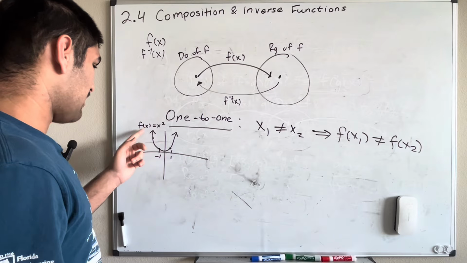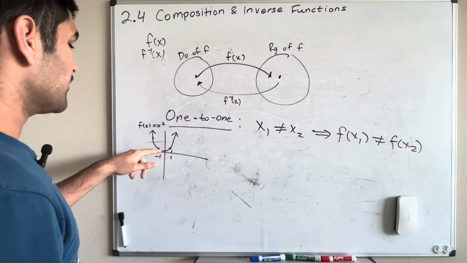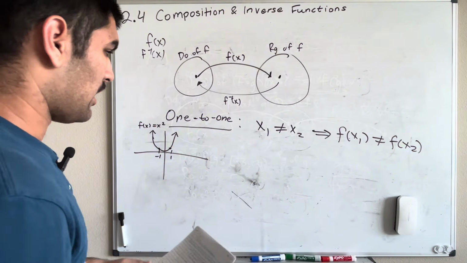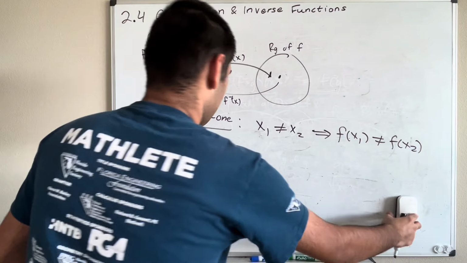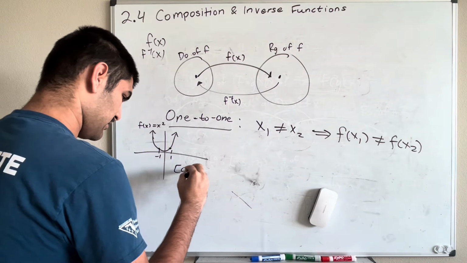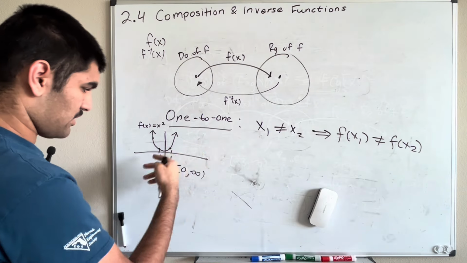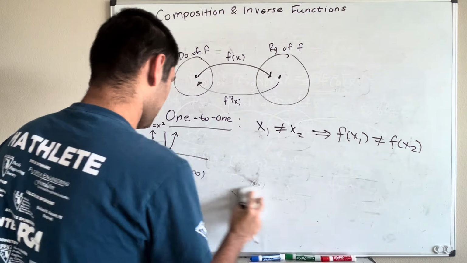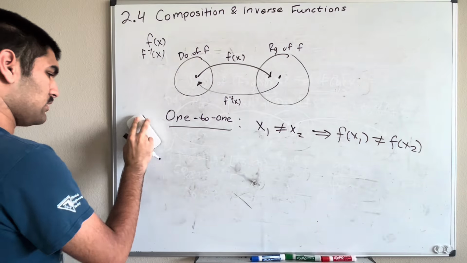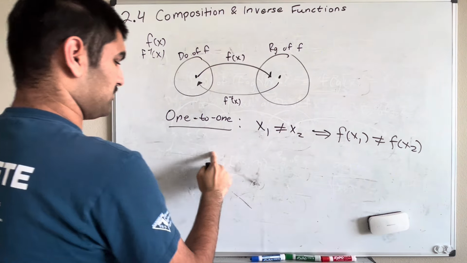So that's why f of x equals x squared by itself is not 1 to 1. However, you can restrict the domain, but I'm not going to get into that in this video. If you restrict the domain to 0 to infinity, then you only have this half of the graph, and that would be 1 to 1. Anyway, for a function to have an inverse, it has to be 1 to 1.